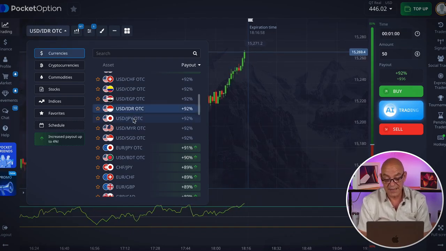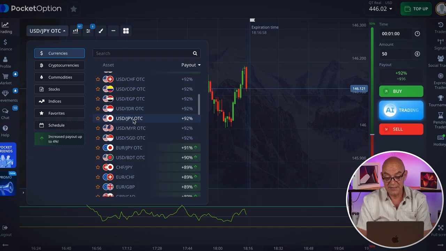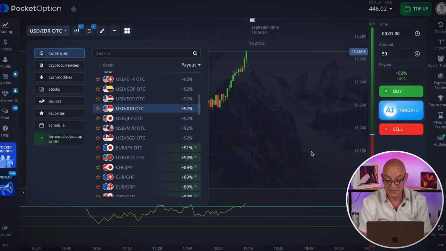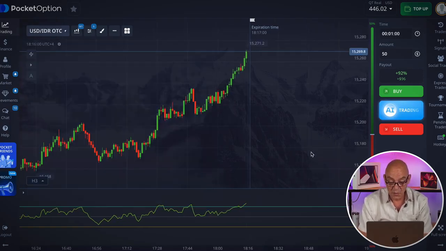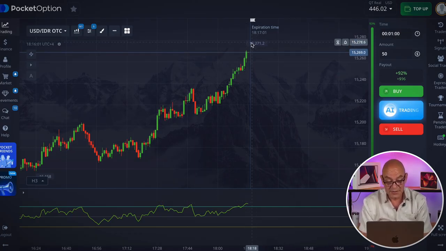Now we move to the RSI indicator, the Relative Strength Index. It's important to understand the indicator works best when the price quickly approaches these levels, but doesn't linger there too long. If the signal lingers in one zone, the probability of it playing out decreases. In our example, we analyzed the USD/IDR OTC asset. Here the price breaks over the 70 level, showing that the market is overheated upwards and there is a probability of a downward correction.